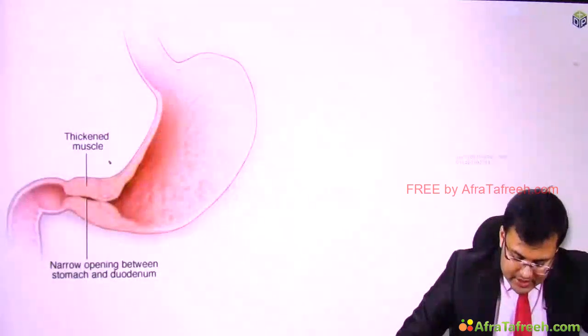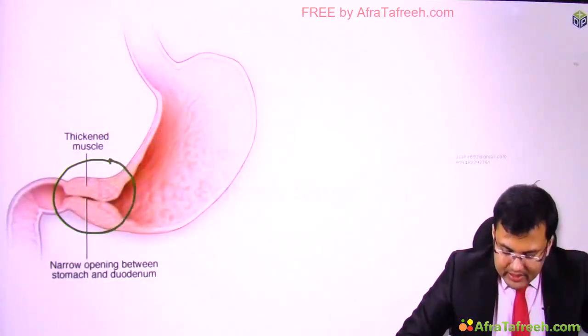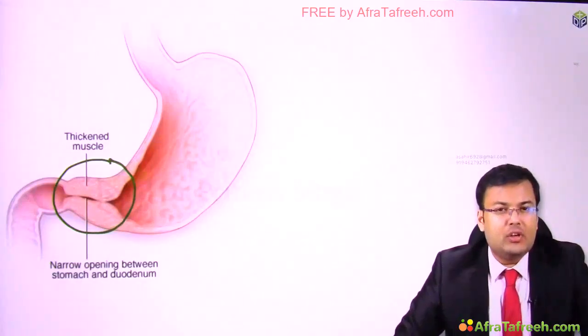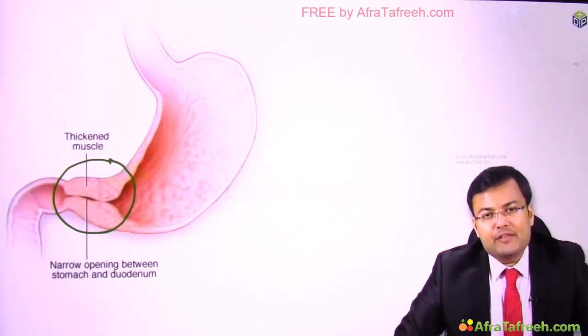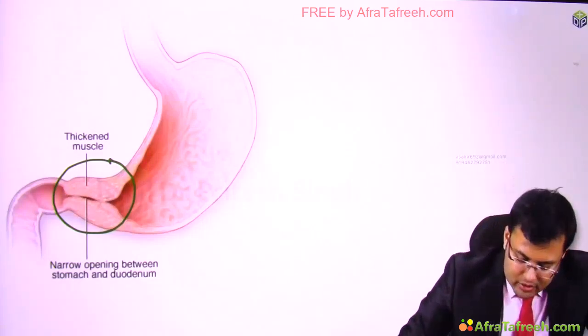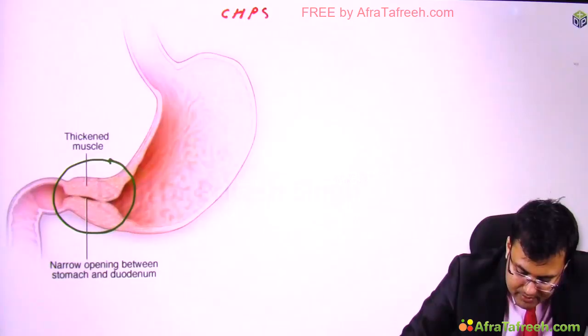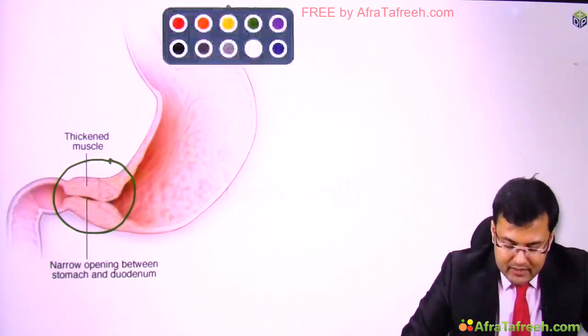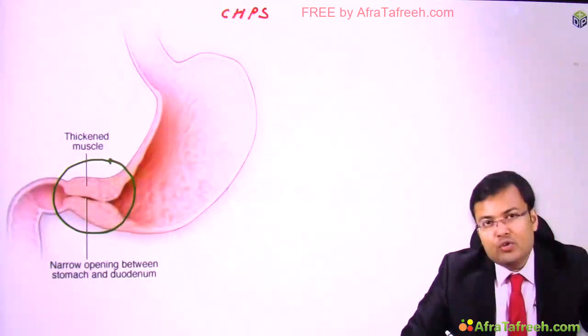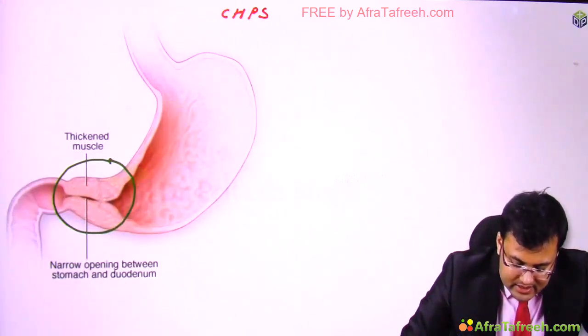Now see, what's the name of this condition? Can you see? There is hypertrophy of circular muscle fibers near the pylorus, and this is known as hypertrophic pyloric stenosis. So the name of this condition is congenital hypertrophic pyloric stenosis. But be careful, it is found to be acquired. So since it's acquired, can you see its name has been changed?